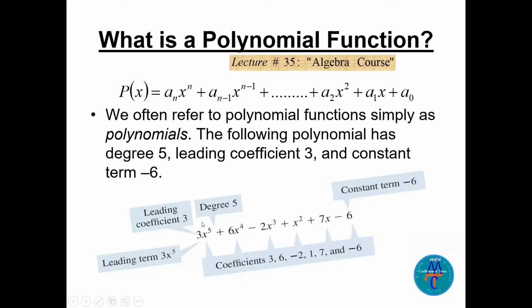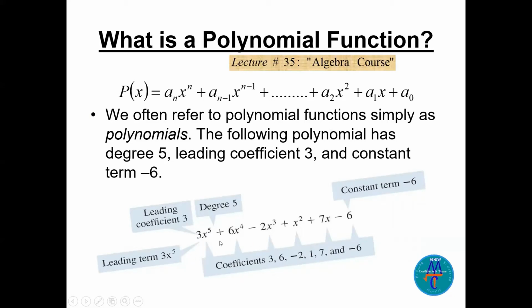And then everything you need is there: the degree, the highest power, 5. If you have, let's say, 13, that means the degree is 13. So you look in all the terms for the highest power. The leading coefficient is the one that comes with the degree.